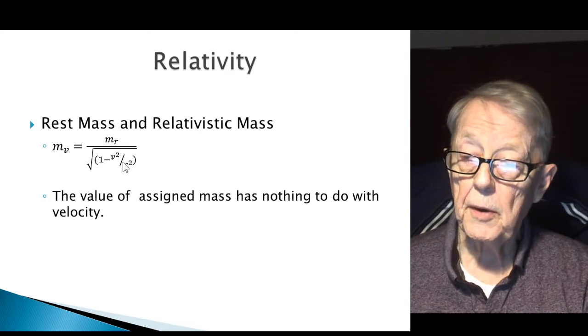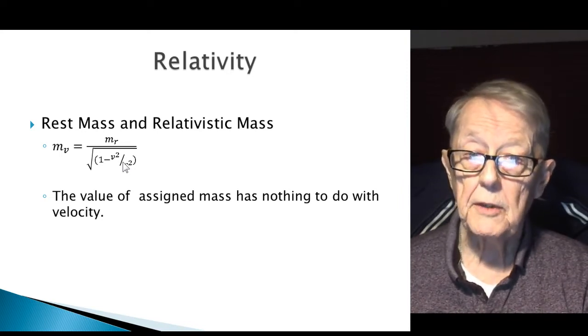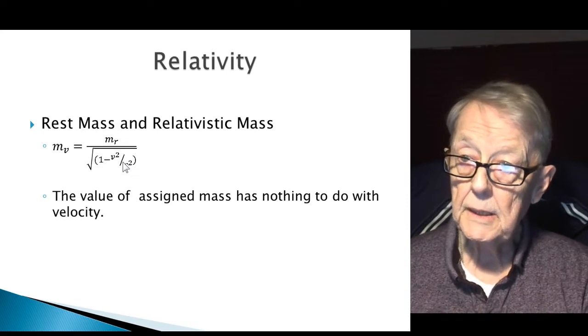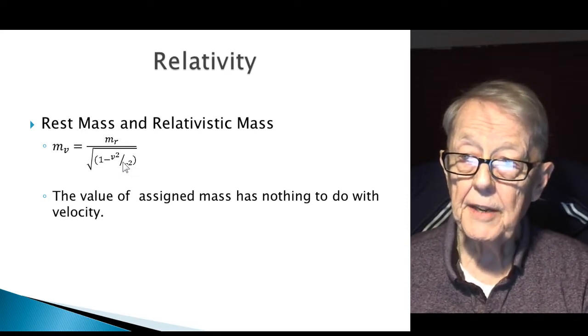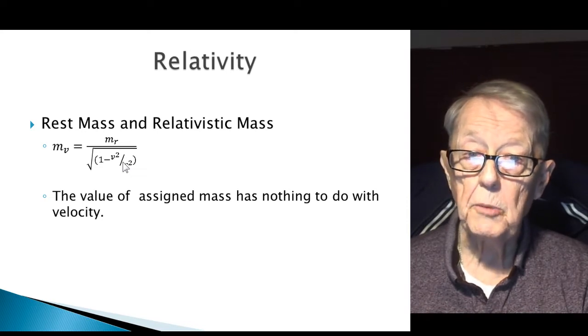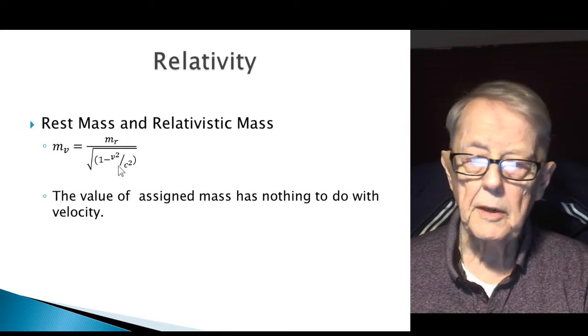It didn't matter whether we did this on the Earth or on a spaceship, we'd still label it 1 kilogram. The velocity doesn't have anything to do with the value we humans assign, but relativity would like you to believe something different. Of course, I'm not a relativist.